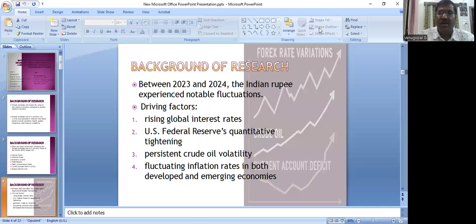There are factors like rising global interest rates, US Federal Reserve's quantitative tightening, persistent crude oil volatility, and we have also seen fluctuations in developing and emerging economies with respect to their currencies also.